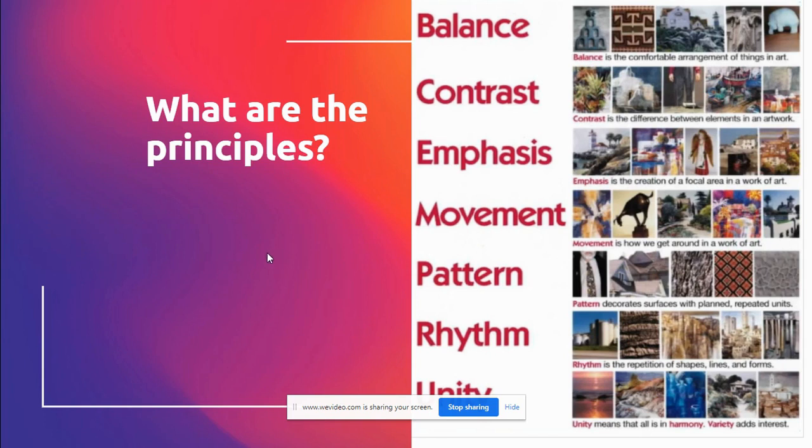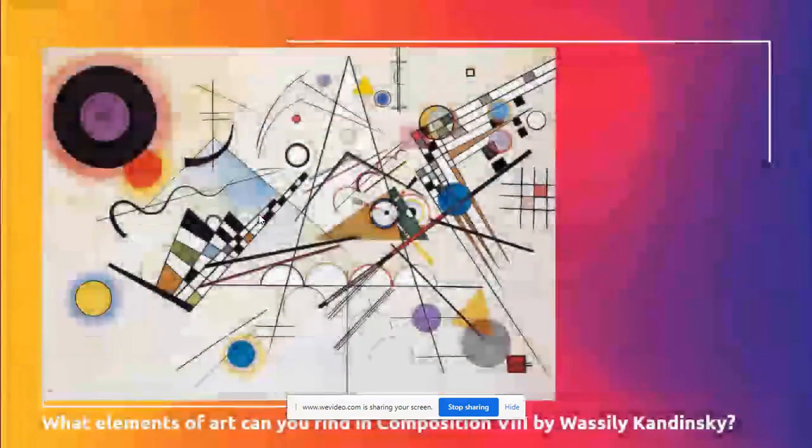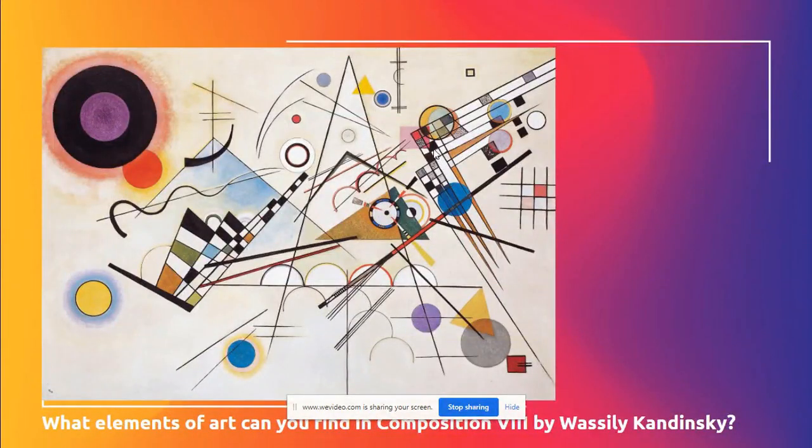Pattern decorates the surface with a planned, repeated unit. Rhythm is the repetition of shapes, lines, and forms. Unity means that everything is in harmony. Variety adds interest. So let's take a look at some artwork that has elements and principles.